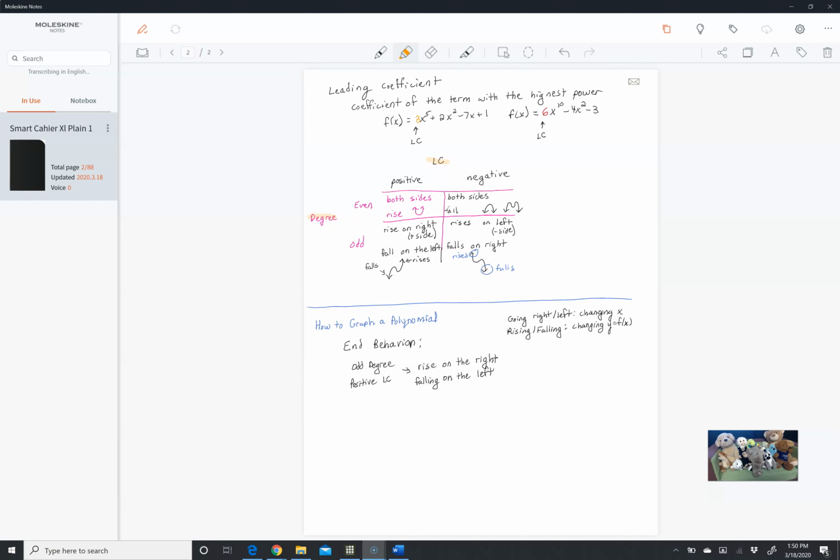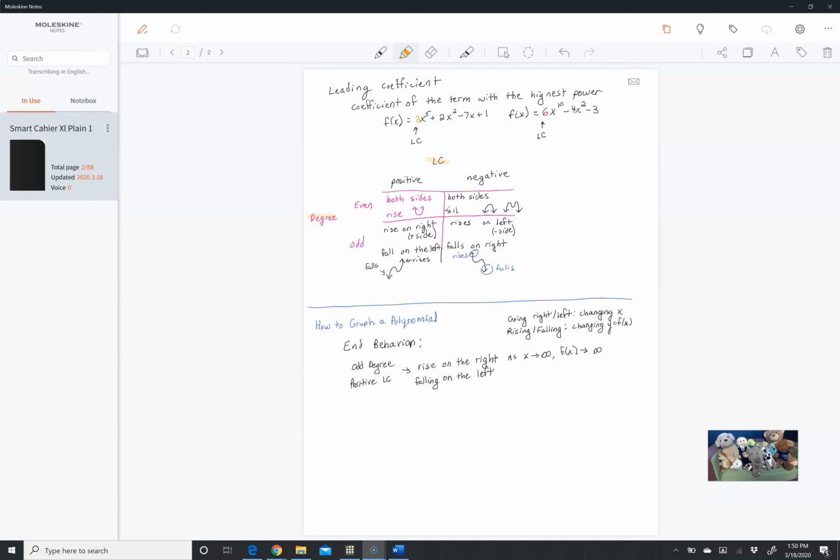So if we're saying that we rise on the right, we're saying, well, as x approaches infinity, okay, so our x is going to positive infinity, our y is going up. So f of x is also approaching infinity.